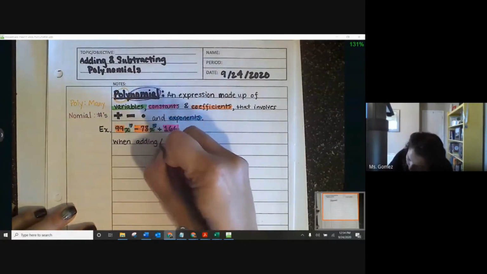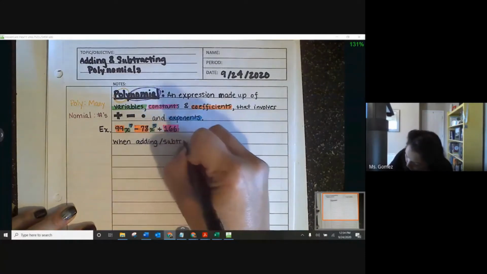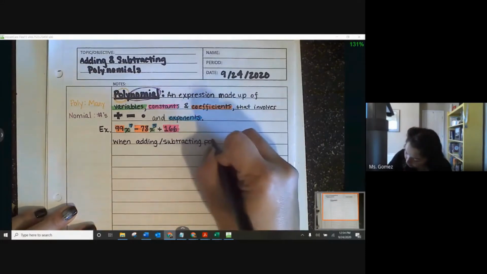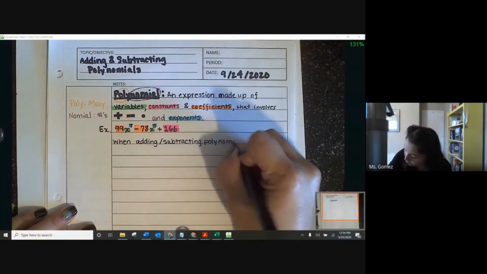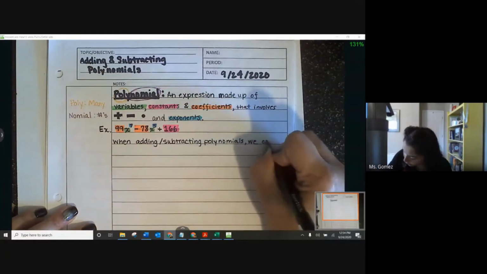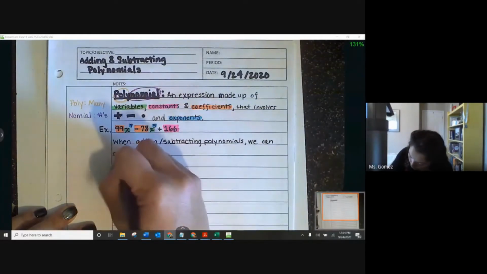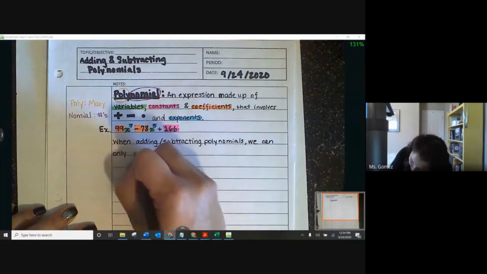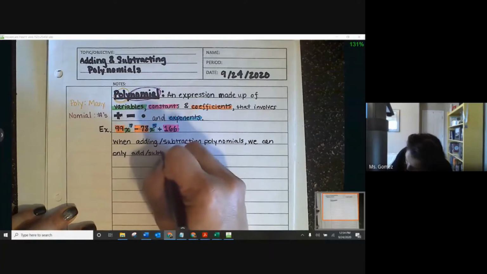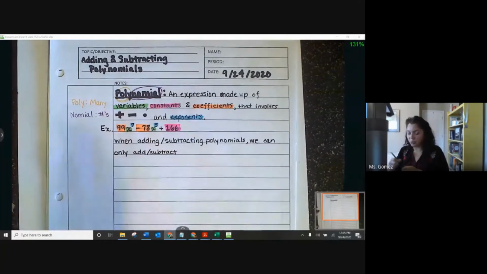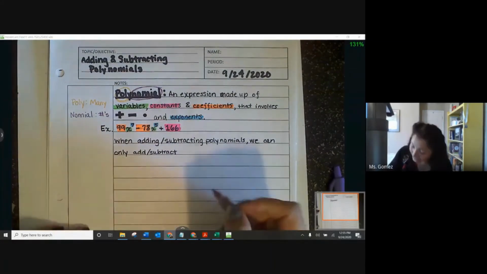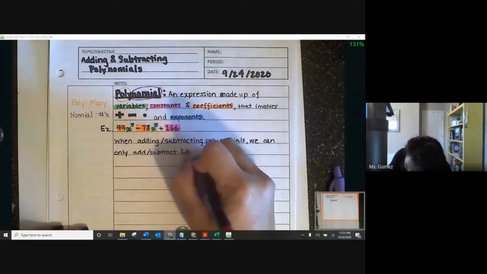When adding or subtracting polynomials, we can only add or subtract, and this is the super important one, so I'm going to grab out my giant red marker, like terms.